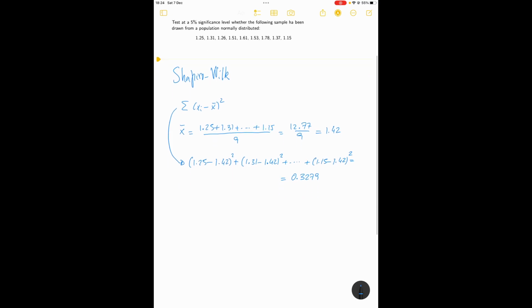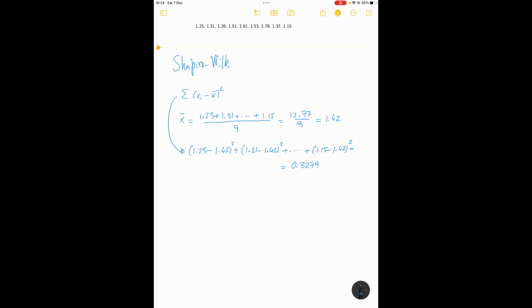For that, we have to order the numbers in increasing order. So our numbers, xi, starting with the smallest, 1.15, in increasing order, right? 1.25, 1.26, 1.31, 1.37, 1.51, 1.53, 1.61, 1.78.